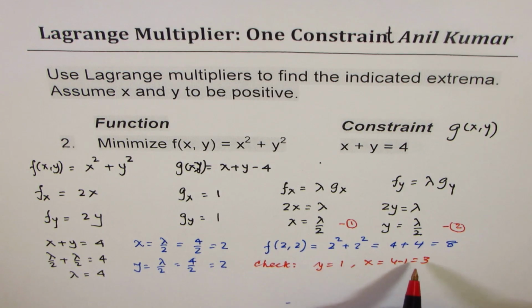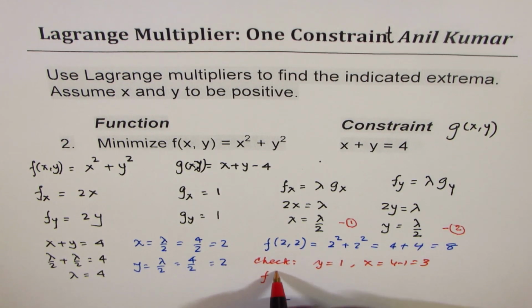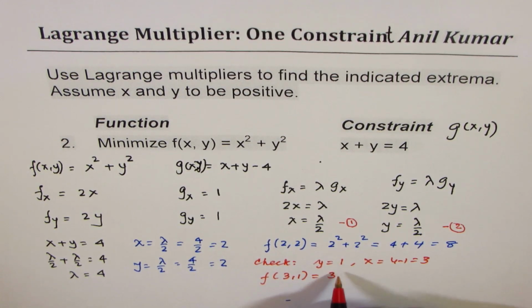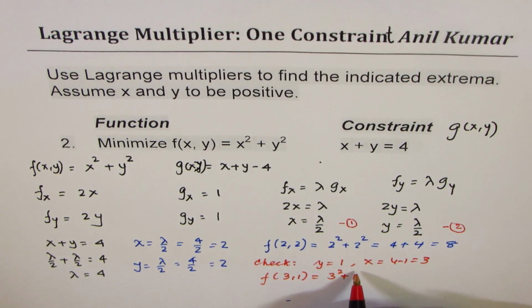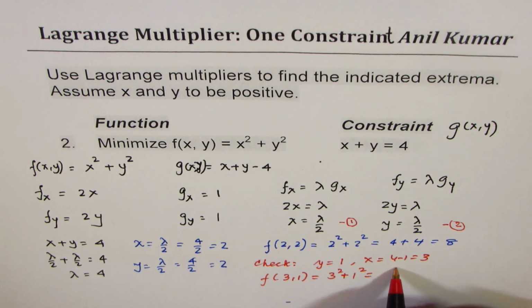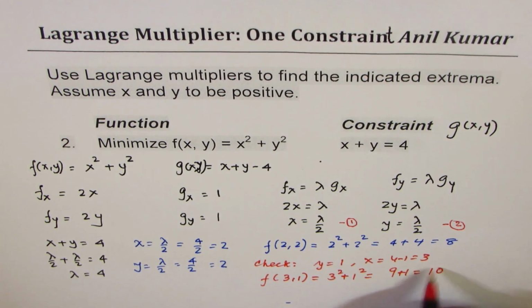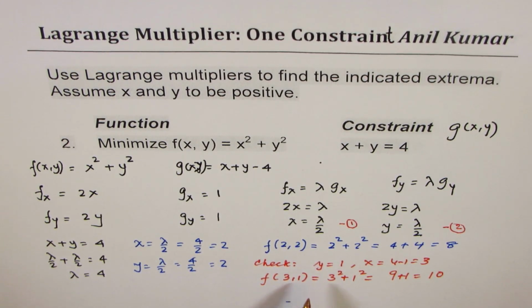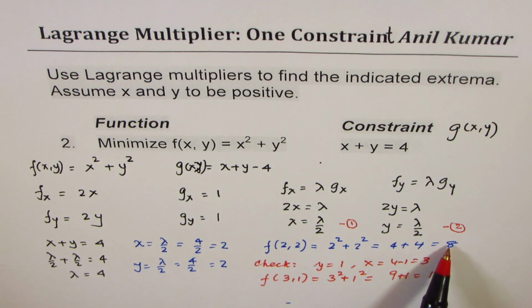So if I take these two values, then what is f of 3, 1? It is going to be 3 squared plus 1 squared, which is 9 plus 1, which is 10, correct? Now what we see here is that for some other value, the function value is 10, higher than 8.